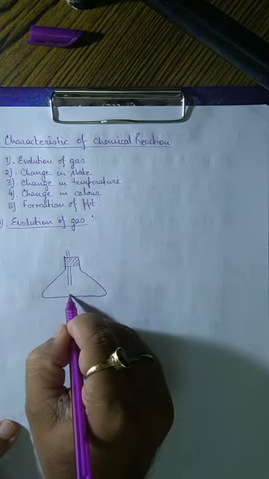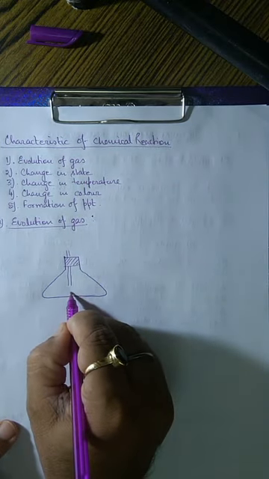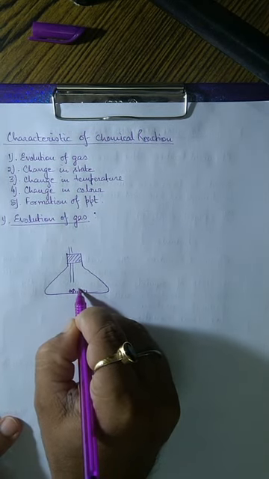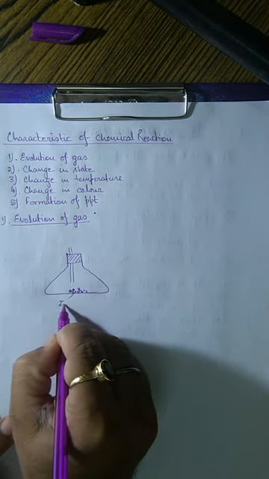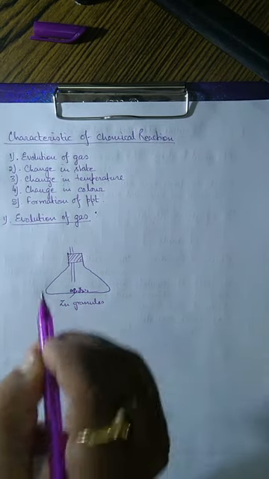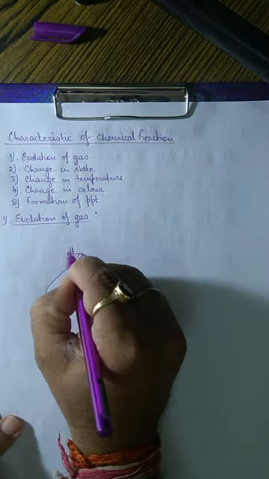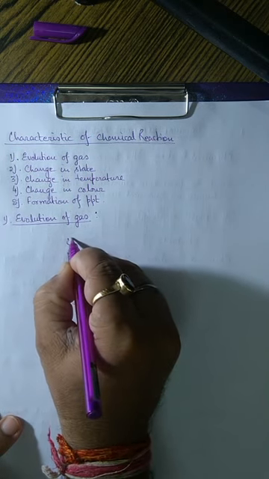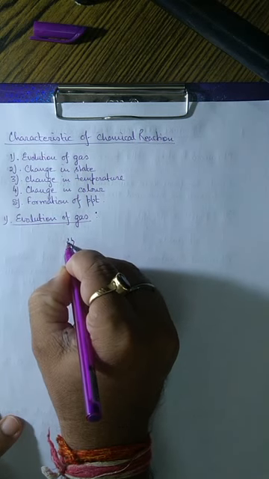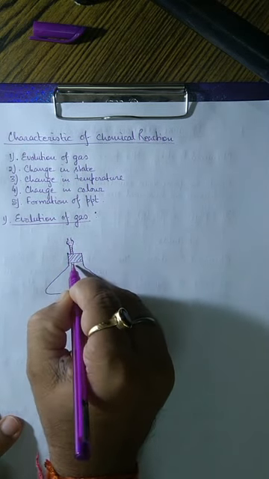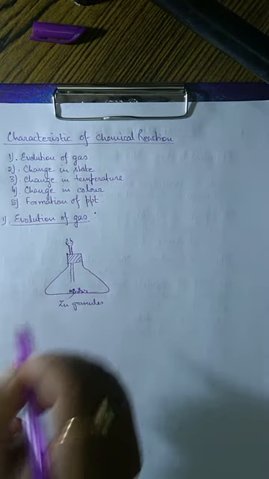First of all, we will take zinc granules here, small pieces of zinc, and this one is thistle funnel, from which we will pour acid into it.